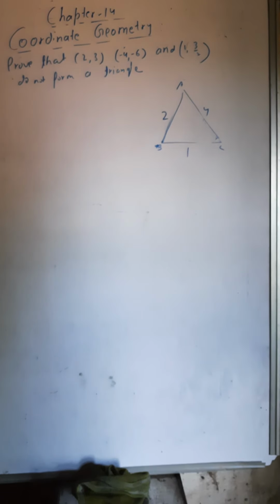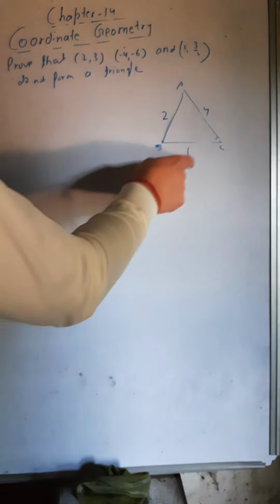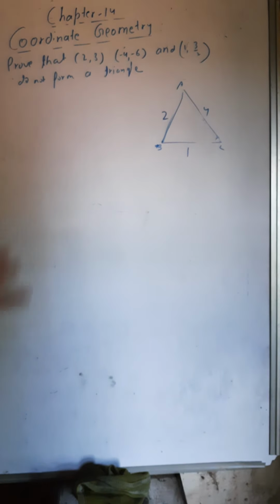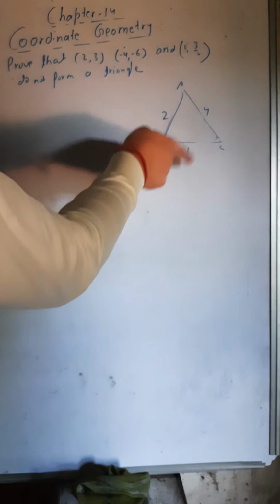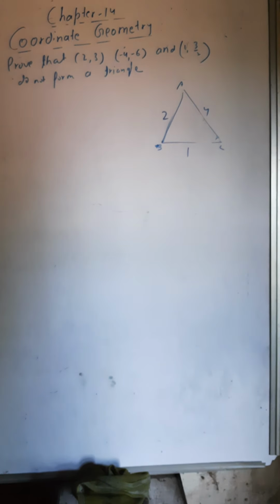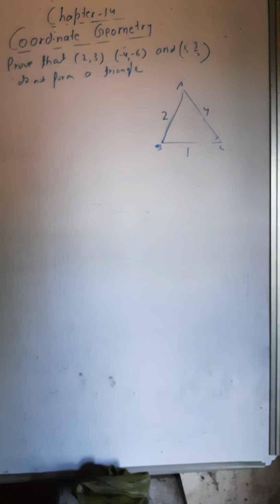Are you getting this? So these three will make a triangle if the sum of any two sides is always greater than the third side. Here 3 is less than 4, so it will not form a triangle in this case.